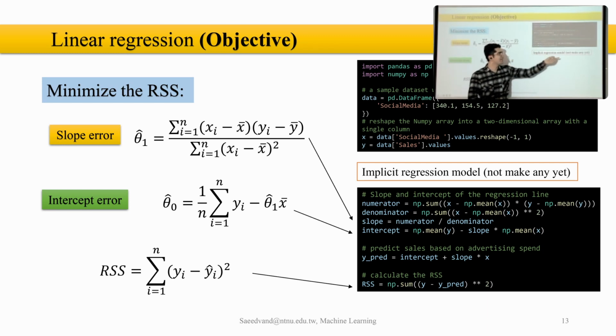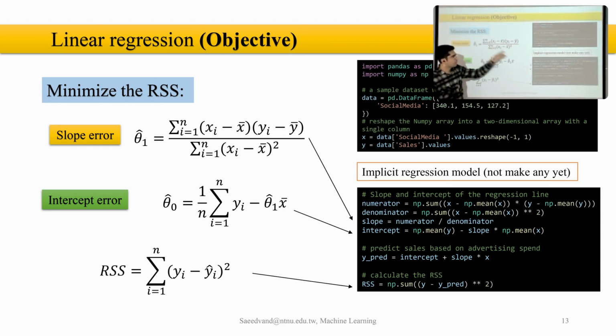Now we want to define here, because we didn't discuss so far how to find those values, theta 1 hat and theta 0 hat. We didn't discuss what algorithm can find the parameters, right? We will discuss it later. I defined the implicit regression model here, that exactly determines how we can calculate the slope, intercept, and RSS. I also indicated which line is doing that. For example, I calculated the numerator and denominator, up part, down part separately.